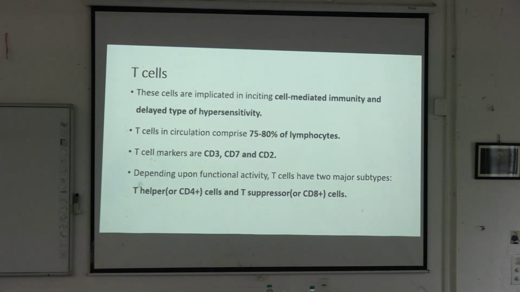T cells are implicated in inciting cell-mediated immunity and delayed type of hypersensitivity. T cells in circulation comprise 75 to 80% of lymphocytes. T cell markers: CD3, CD7 and CD2. Depending upon functional activity, the major subtypes are T helper or CD4 plus T cell and T suppressor or CD8 plus cell.